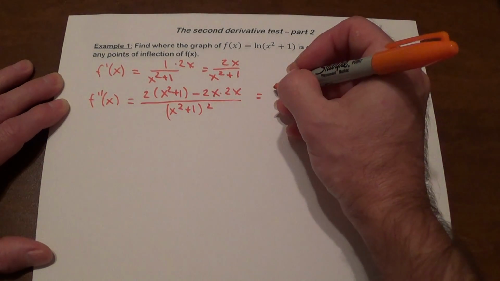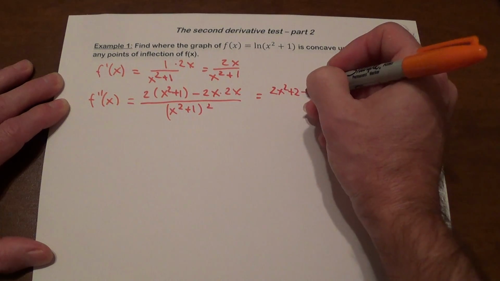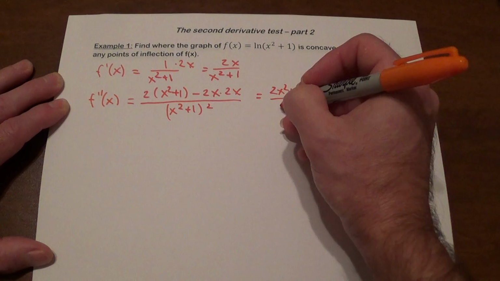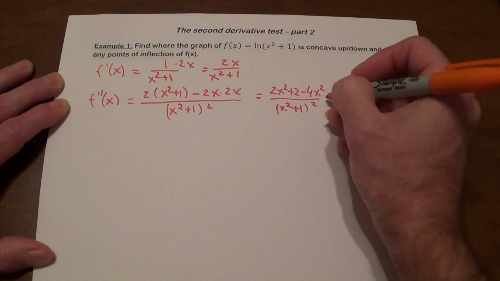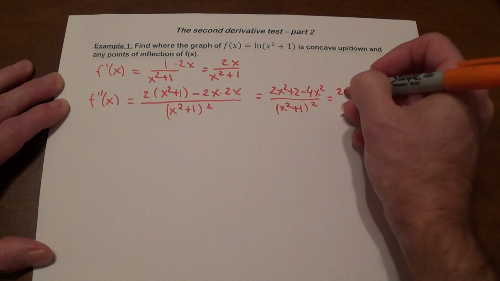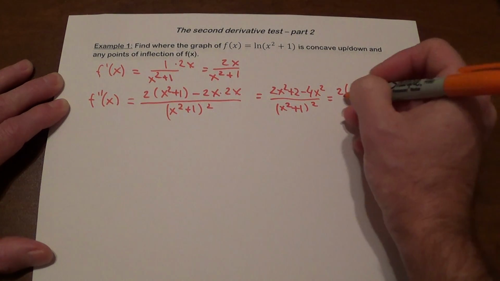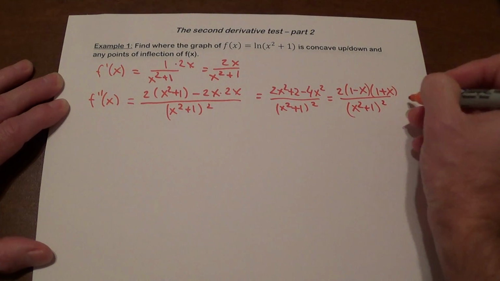Well, actually I can do a little bit: 2x squared plus 2 minus 4x squared over x squared plus 1 squared. We are going to end up with 2 times 1 minus x times 1 plus x, once it's all simplified and factored, over x squared plus 1 squared.